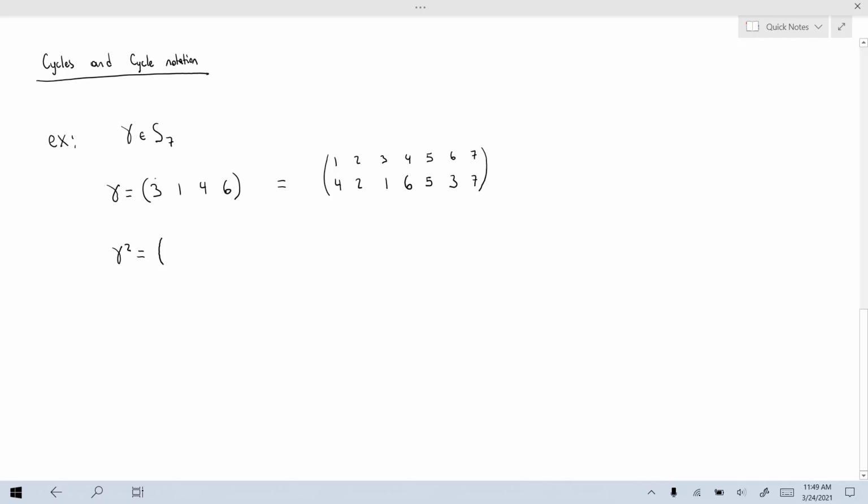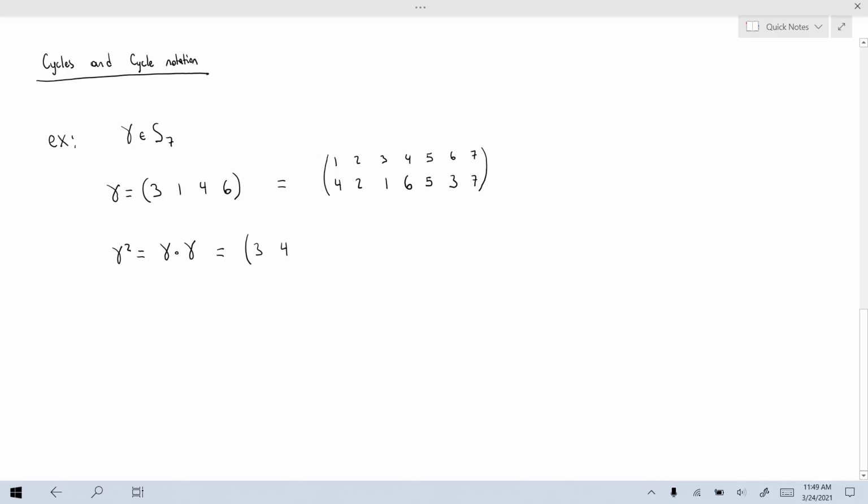Remember, gamma squared is gamma composed with gamma. We know that gamma of 3 is 1, and then the second gamma will take that 1 to a 4. So gamma squared of 3 should ultimately map to 4.